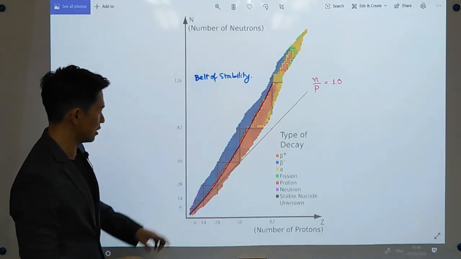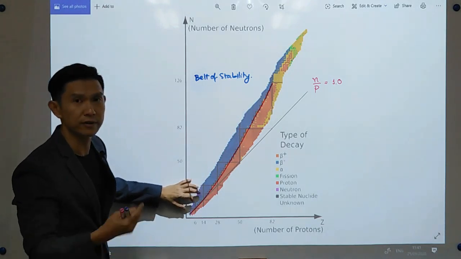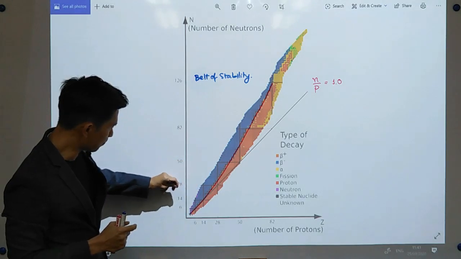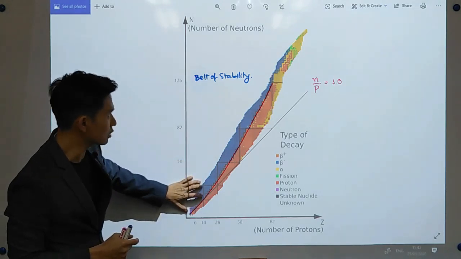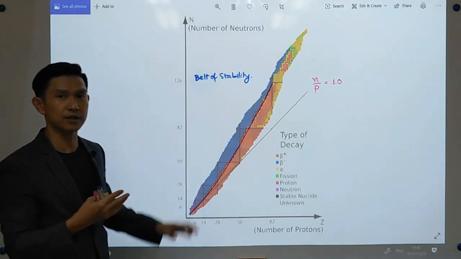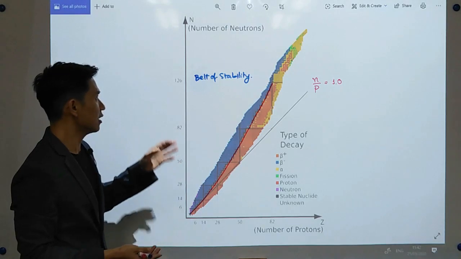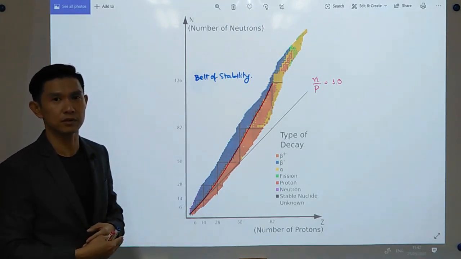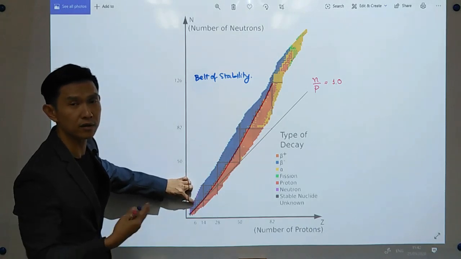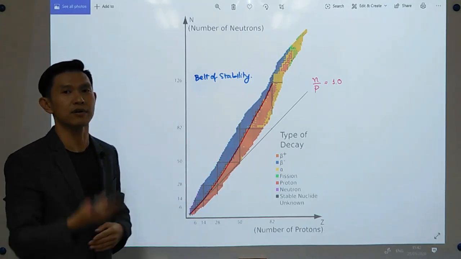As you can see, the alignment of the line at the very beginning, for the very small elements, the black line is on top of the N/P equal to 1. That means the stable isotopes of the small elements almost always contain neutrons and protons in equal amounts. But after your elements grow bigger, you have more protons in your nucleus. You need a higher number of neutrons.